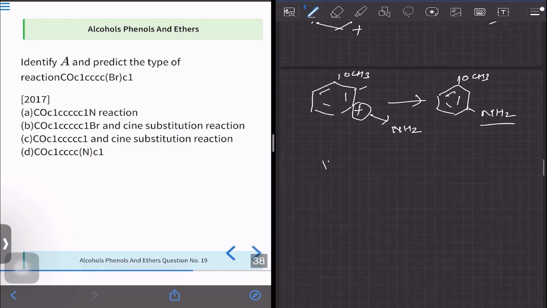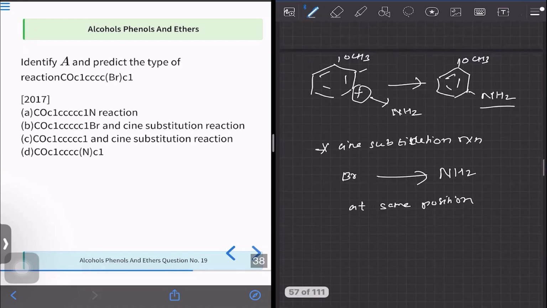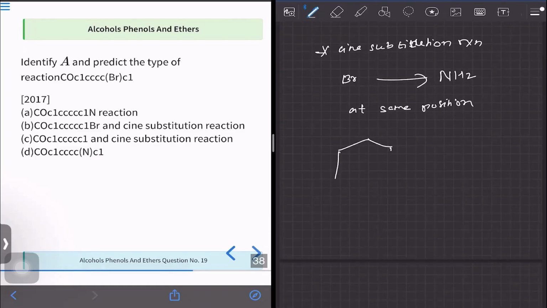So it is known as cine substitution reaction, where bromine is replaced by NH2 at the same position. We can have NH2 here also, where negative charge is present, but at this position we can see how the bond should shift.